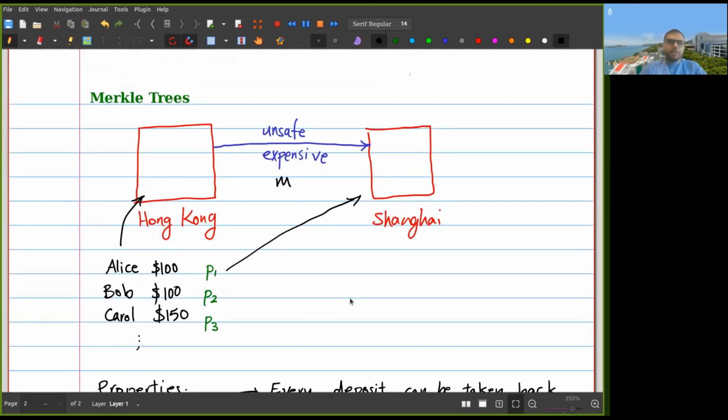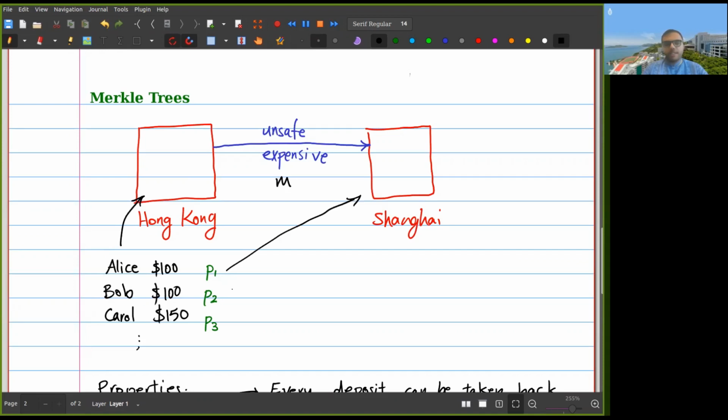Okay, so first of all, I want to send a single message M from my first branch to my second branch. What can this single message be? It should somehow summarize all the transactions here. It should summarize all the deposits.